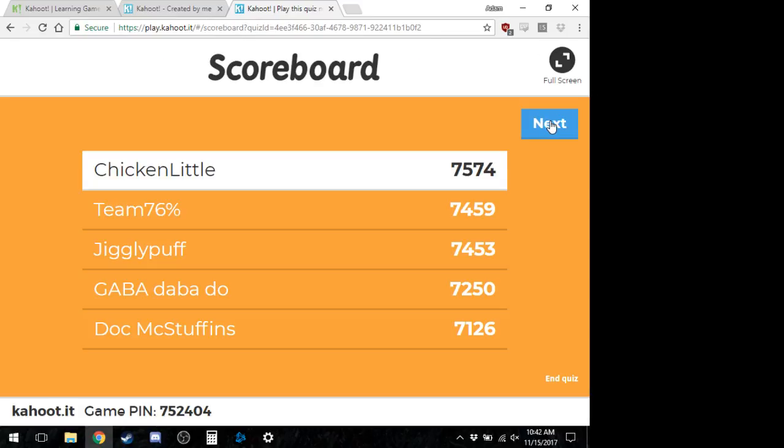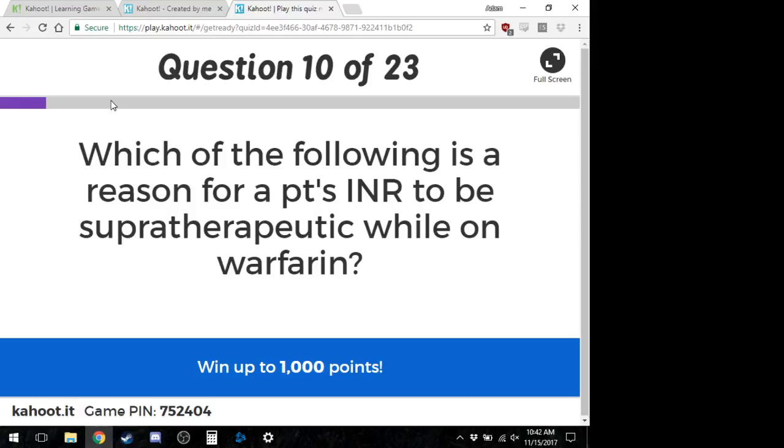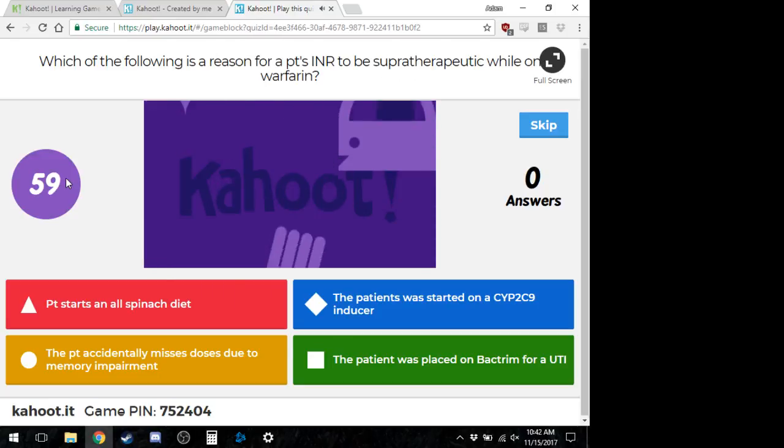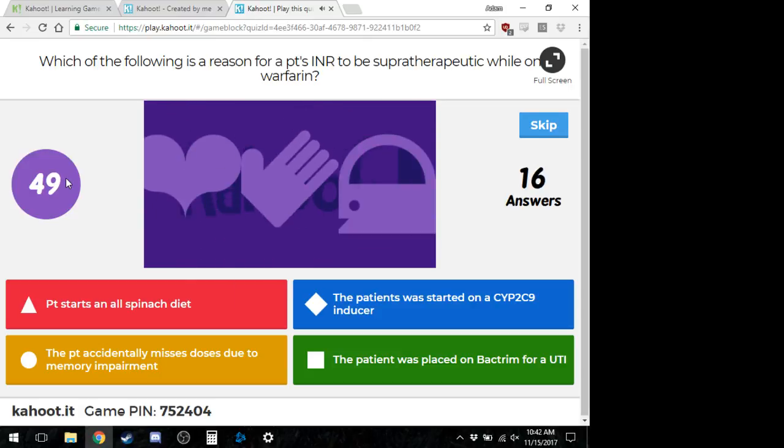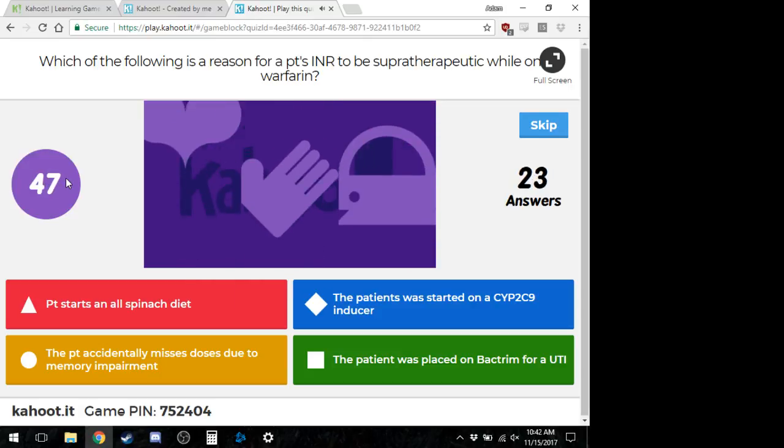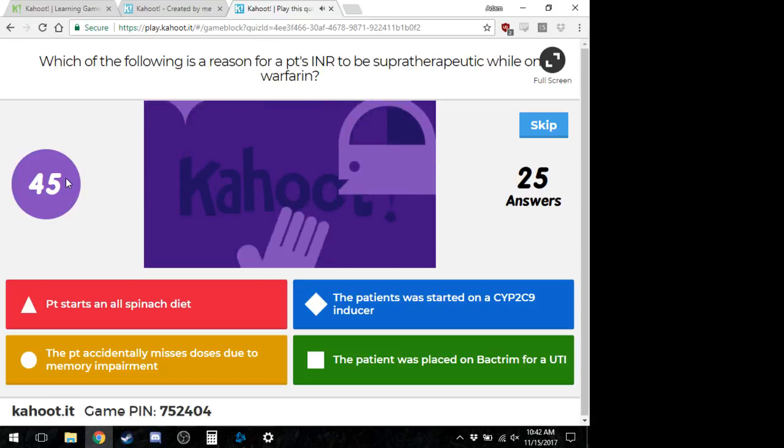Okay, moving on. Which of the following is a reason for a patient's INR to be supertherapeutic while on warfarin? It needs to be a valid concern for it to be supertherapeutic. Usually inotropy is just actually the contraction, the squeeze of it.